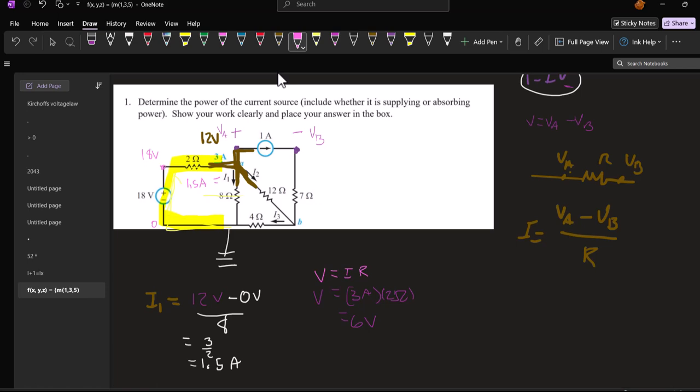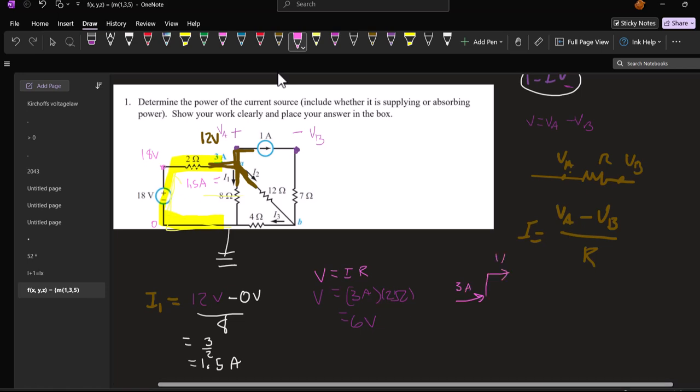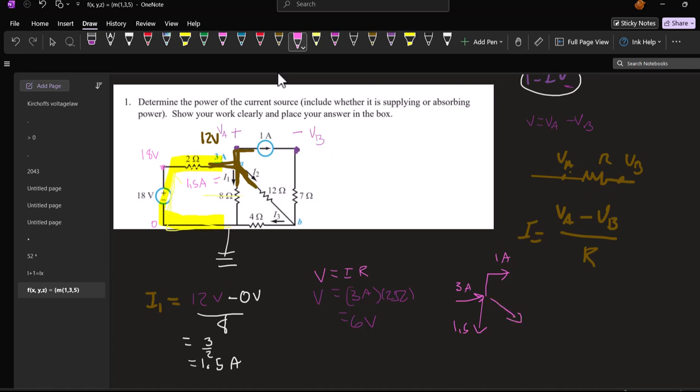I have coming into node A 3 amps here. I have 1 amp going off in that direction. I now have 1.5 going down there, so that means I2 must be 0.5 amps, because current coming in has to equal current going out.